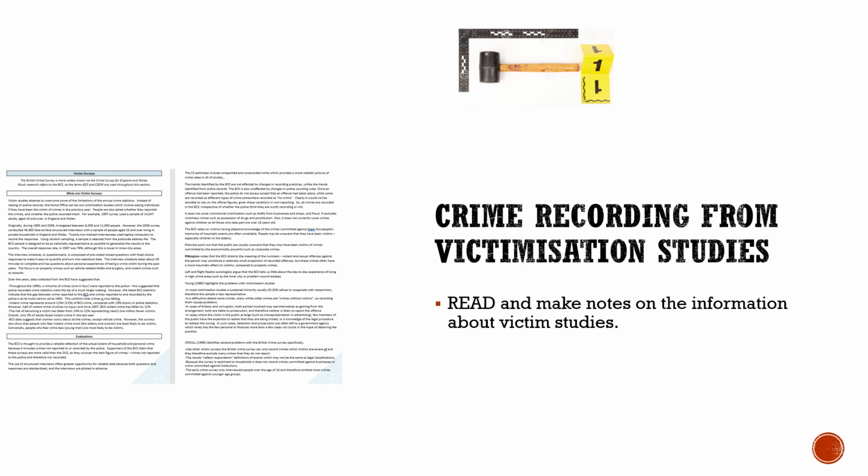So one of the really important things for this section is to draw on that research methods content, use your PET evaluations, particularly focus on the application and the nature of the research that's taking place into crime and deviance to measure it and how people may respond to that kind of stuff.